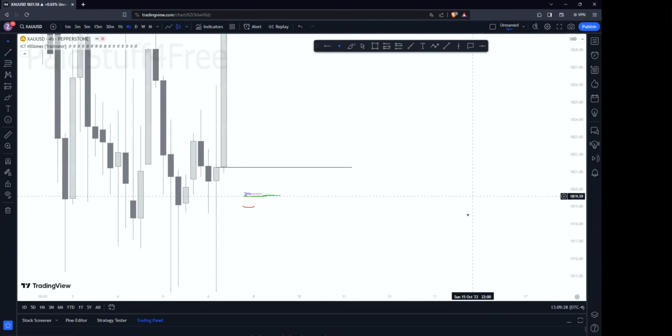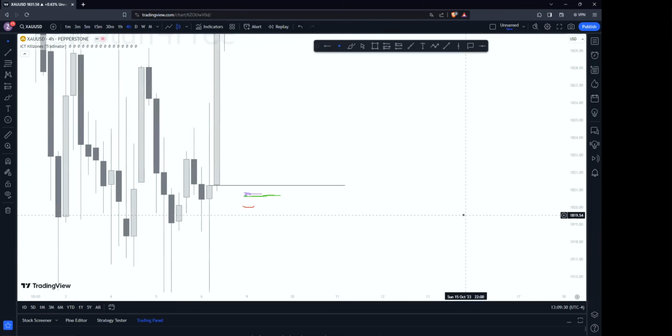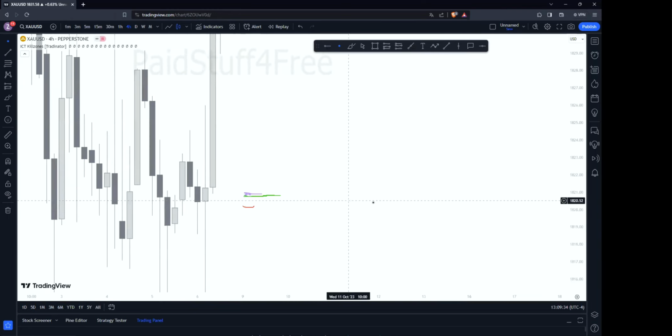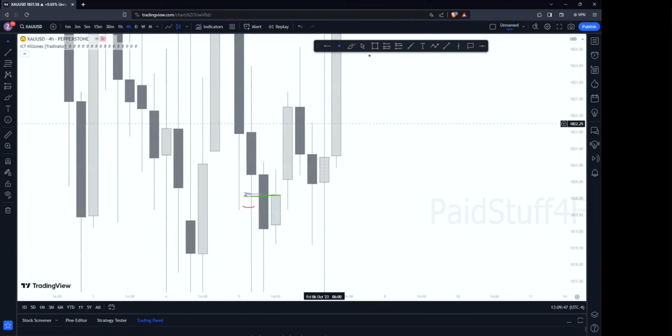So the second type is called the V level. What's the V level? The V level is simply the pair that you picked. The first candlestick is going to be bearish, and the second candlestick is going to be bullish, right? So let's take an example here.